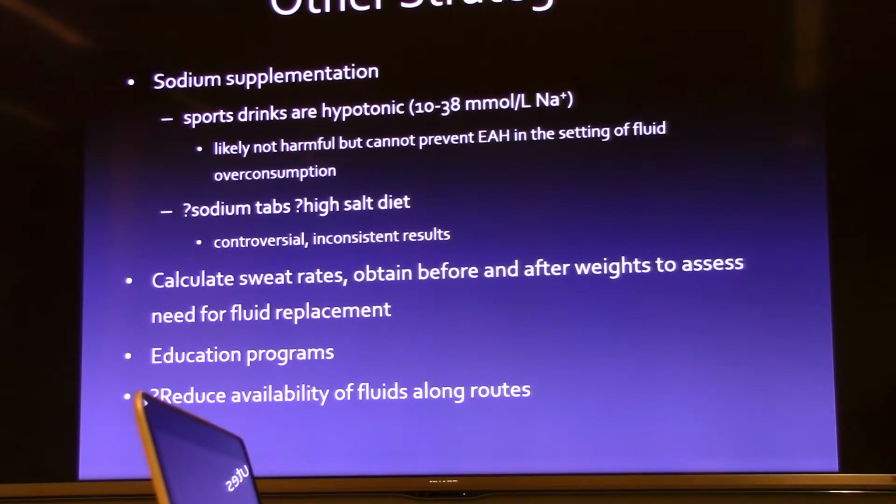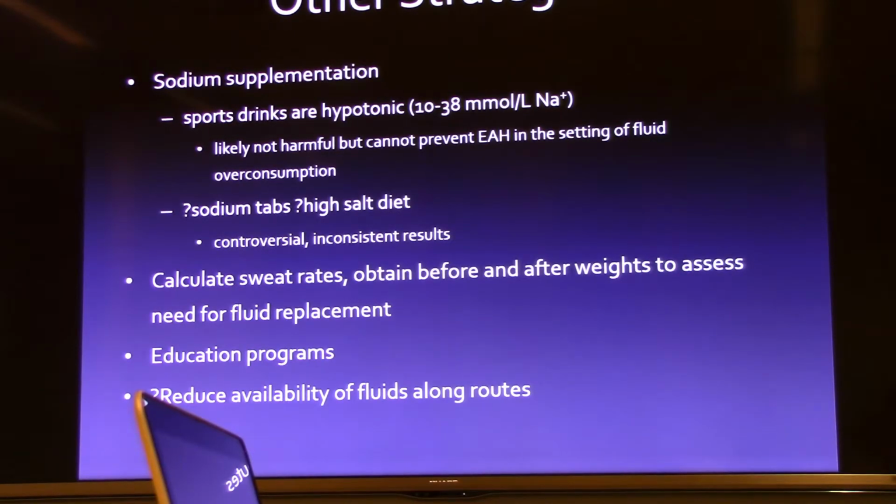All sport drinks are hypotonic, meaning that they are less concentrated than normal saline. So giving athletes sport drinks is likely not harmful, but if they drink in excess of thirst, it could still precipitate EAH. What about sodium tablets or a high salt diet?